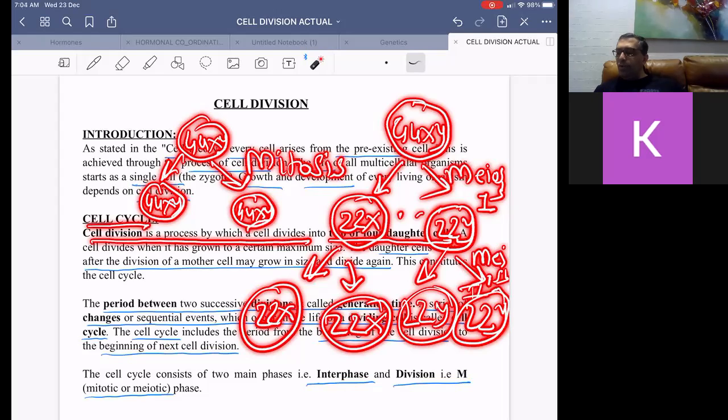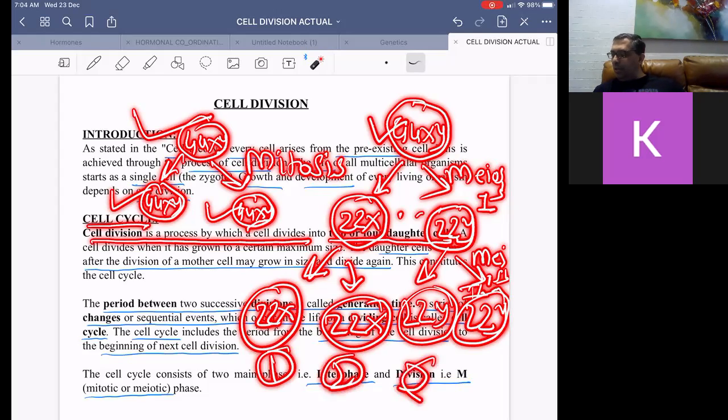So, in case of mitosis, one cell divides to form two cells. In case of meiosis, one cell divides to form a total of four cells. And in mitosis, chromosome number remains the same. 44XY becomes 44XY, 44XY. In meiosis, 44XY becomes 22X, 22Y.